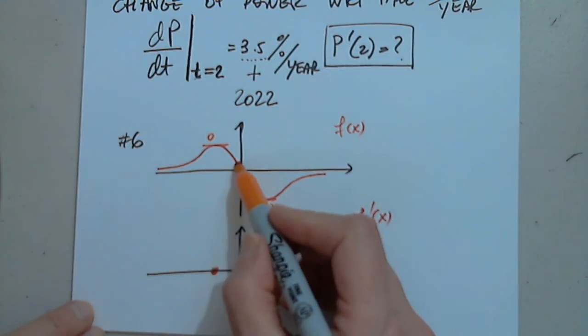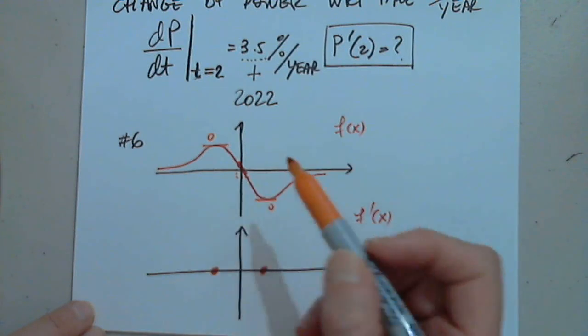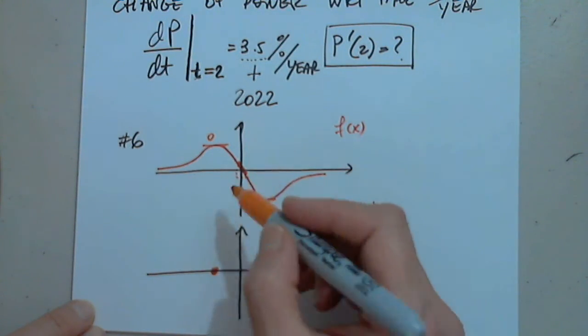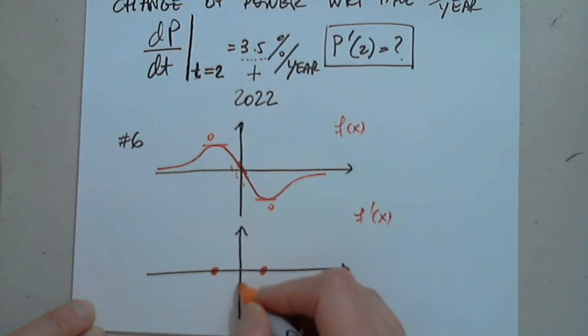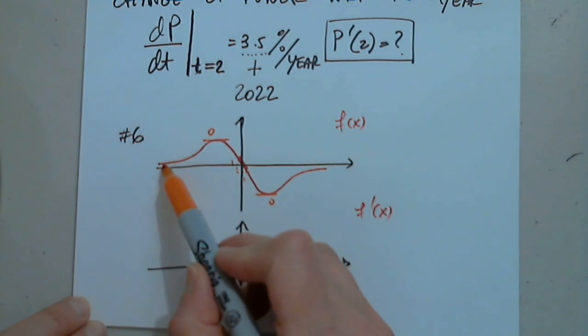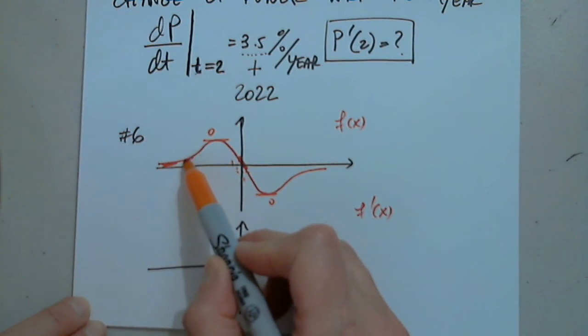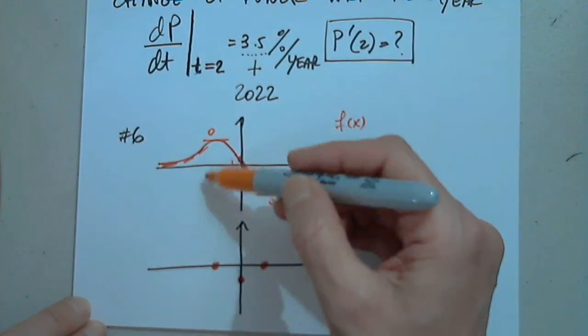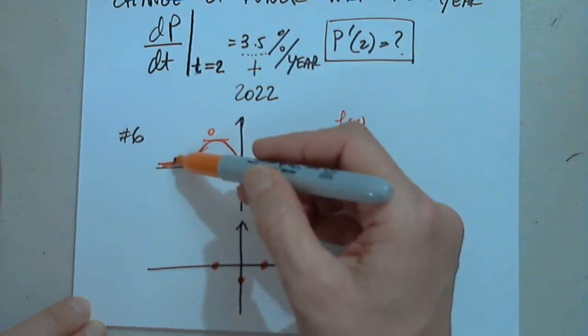Obviously here it is negative. I'm going to have to estimate. I'm going to say it looks like negative 1, 1 over 1. Where else is it negative? Obviously the slope here is positive, positive, positive. So all this piece has to be above the x-axis.